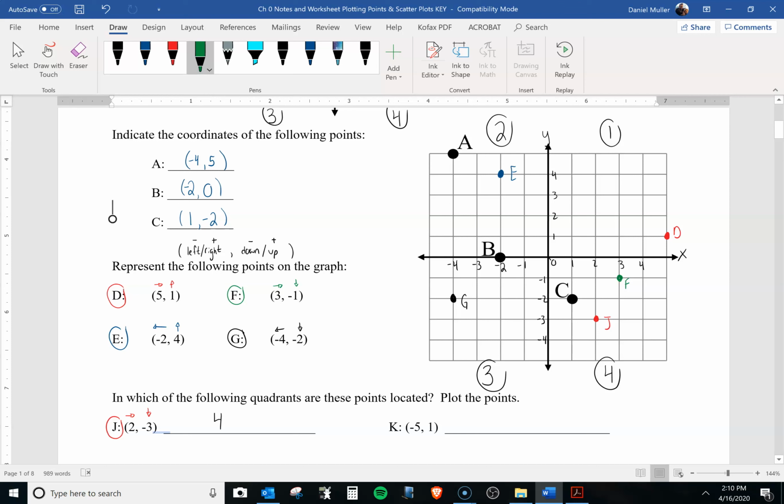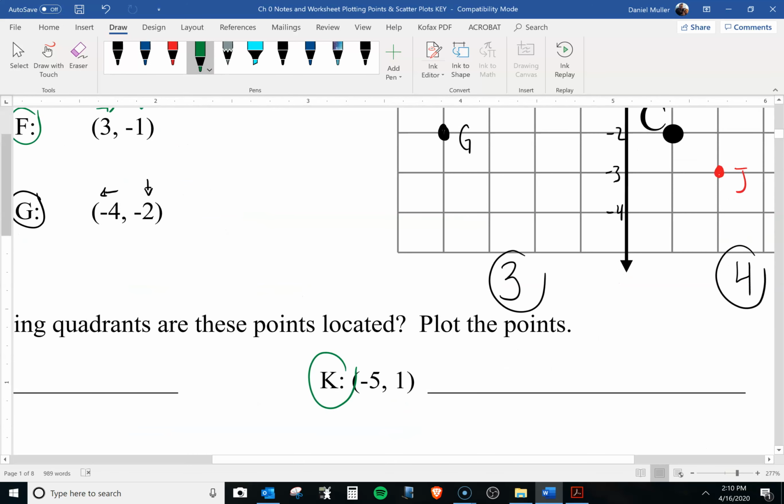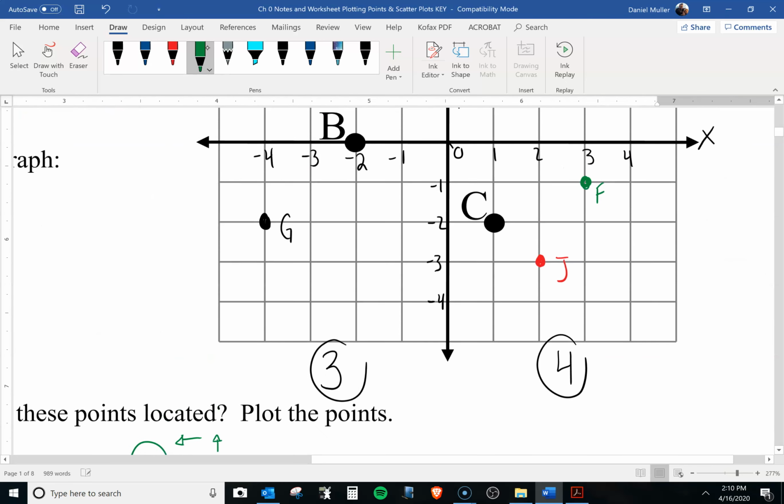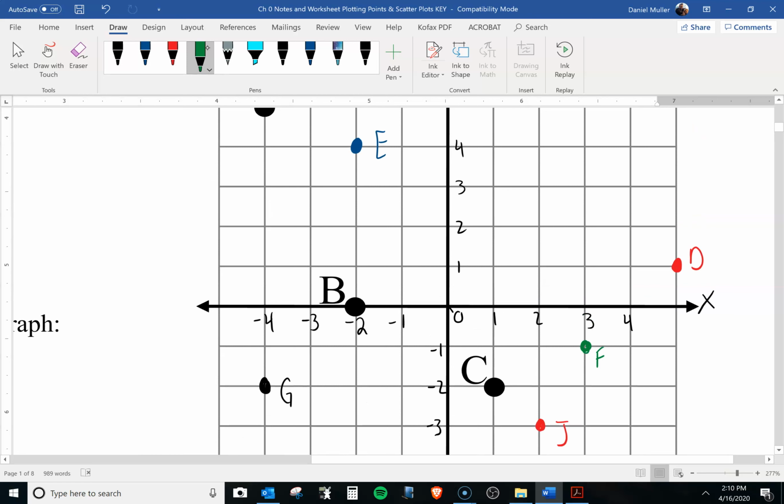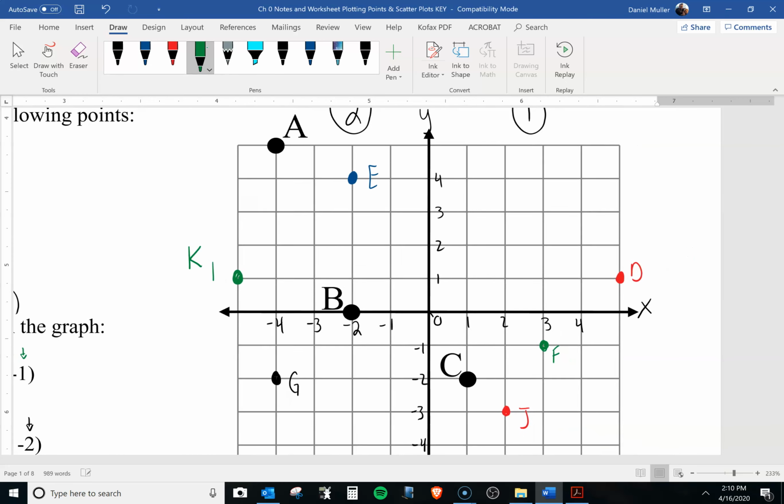K, I will do a negative 5 and 1. Negative 5 will be left 5 and up 1. Left 5 and up 1. Okay. 1, 2, 3, 4, 5, and up 1. I'll call that K. And it wants to know which quadrant that is.